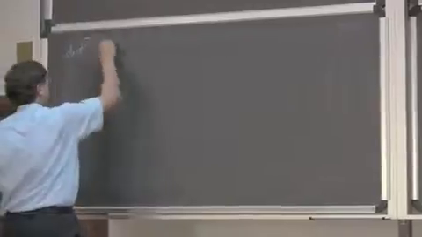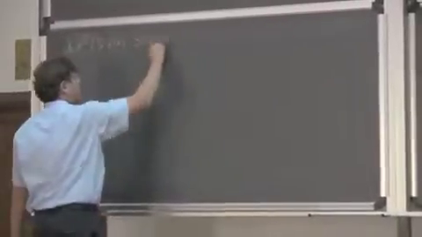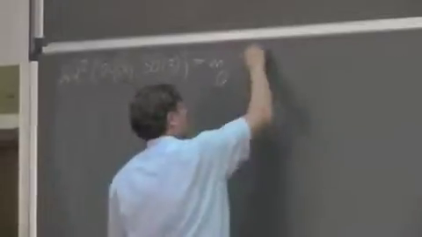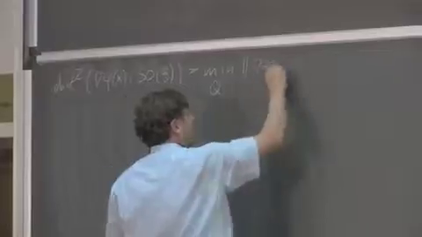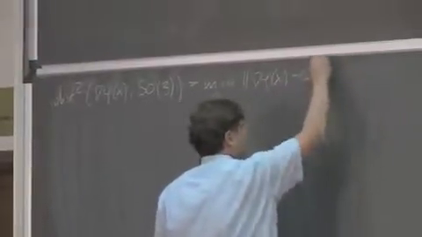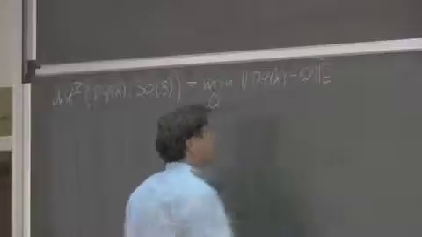So we have the distance squared of gradient phi of x to SO3 defined as the minimum over all Q of gradient phi of x minus Q squared in the Frobenius norm.